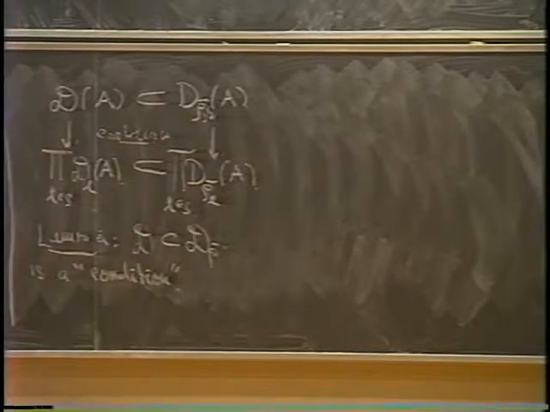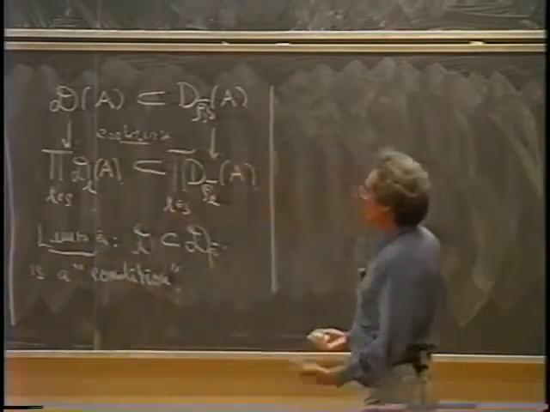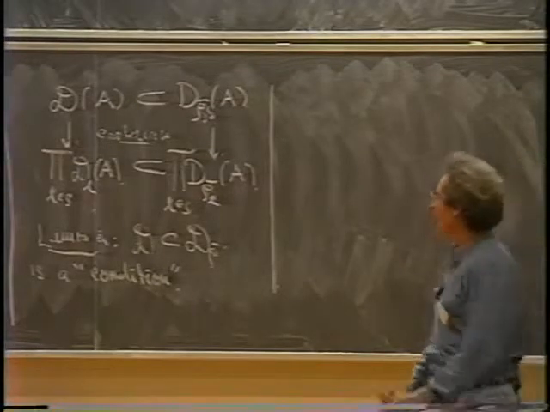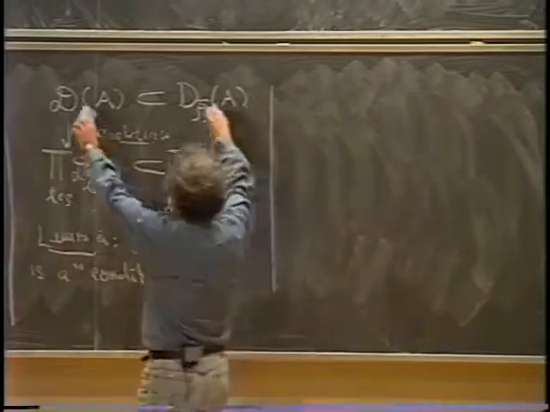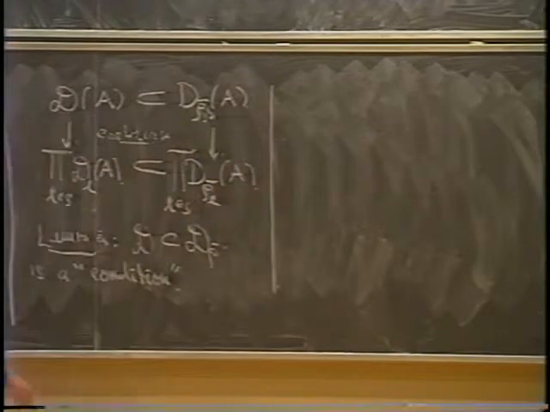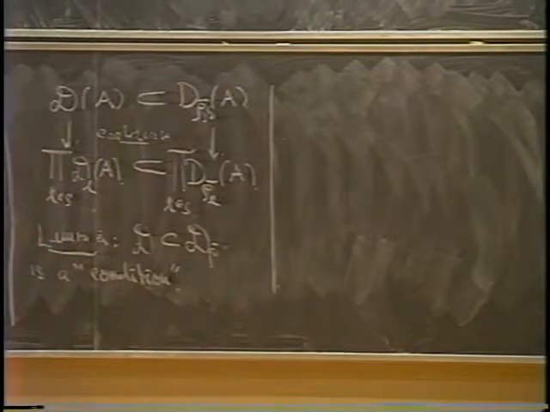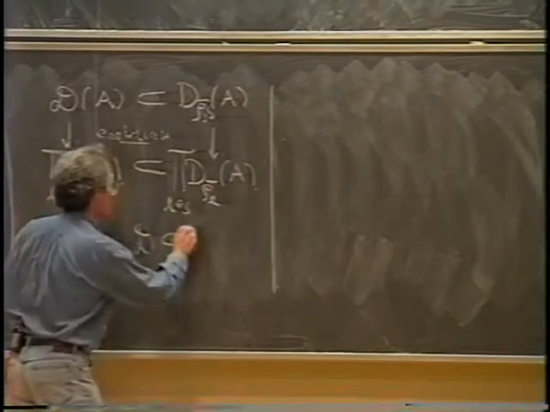Let's interpret this in terms of tangent spaces, which is my charge. Let's apply this to the study of the tangent space of the, by the way, I should put a capital D here.